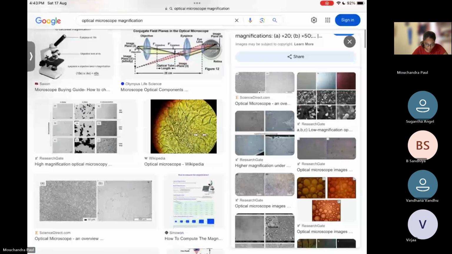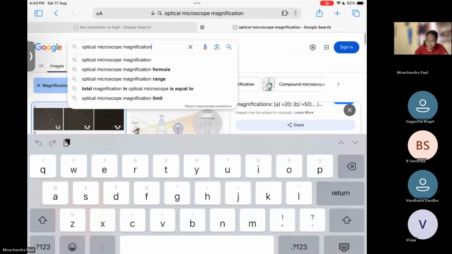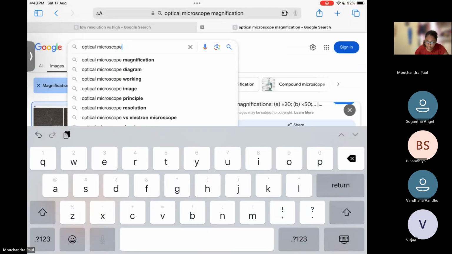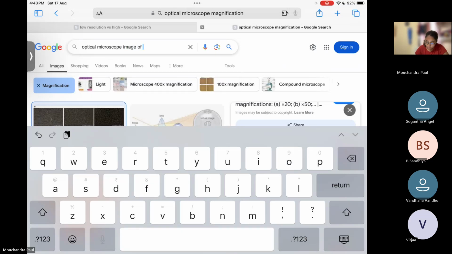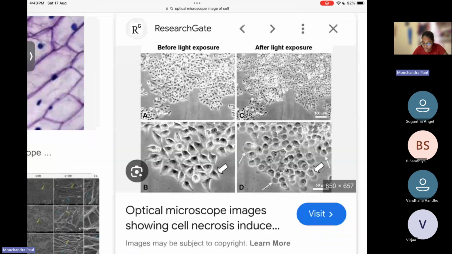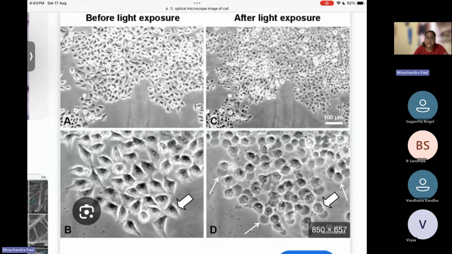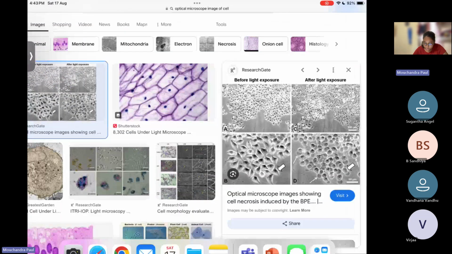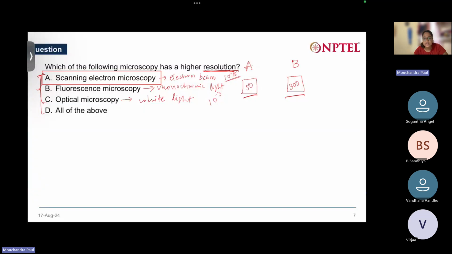So this is how the cells look under an optical microscope, individual cells as well as groups of cells, and at different magnifications you can capture them. These are some examples, and I hope you understand better the microscopy techniques mentioned here.